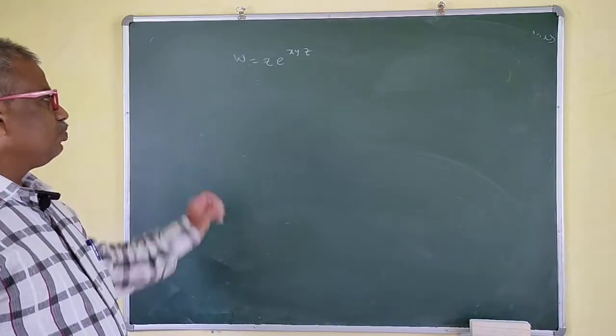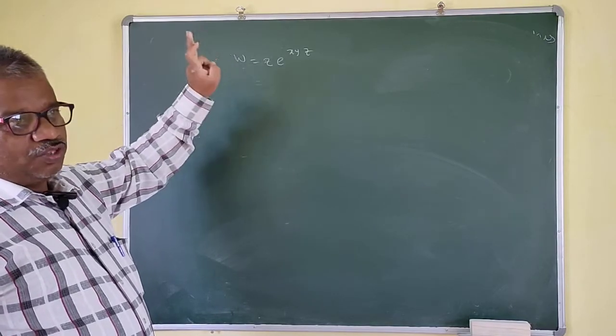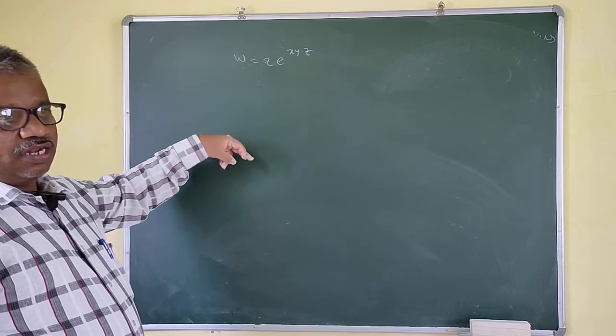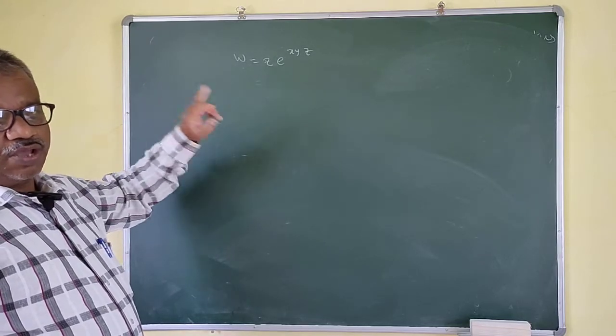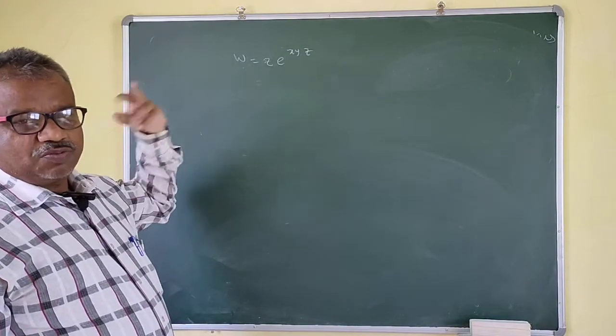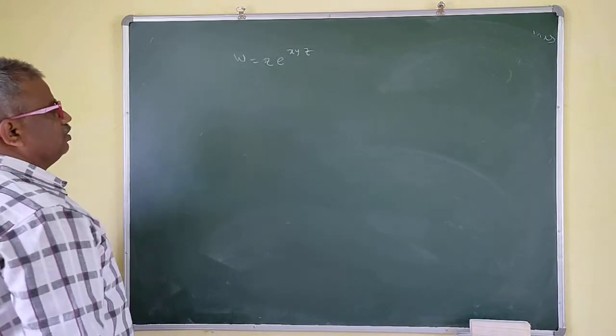So what we have to do? We'll find wx, then differentiate that with respect to x, with respect to y, with respect to z. Find wy, differentiate that wy with respect to x, with respect to y, with respect to z. Find wz, differentiate that with respect to x, with respect to y, with respect to z. We get the second order differentiation.